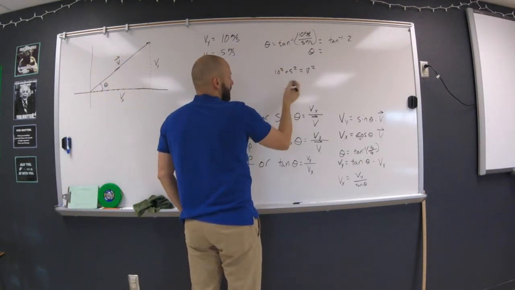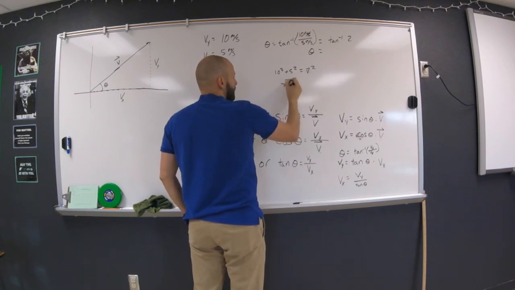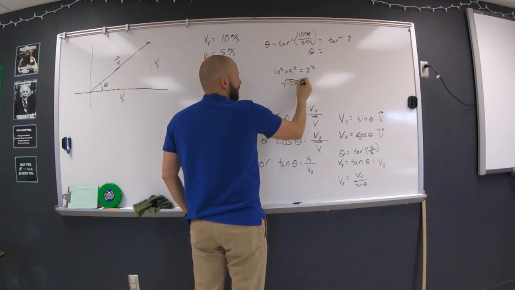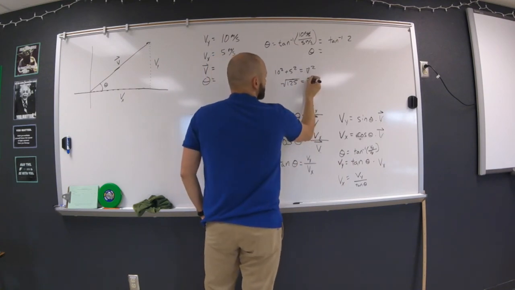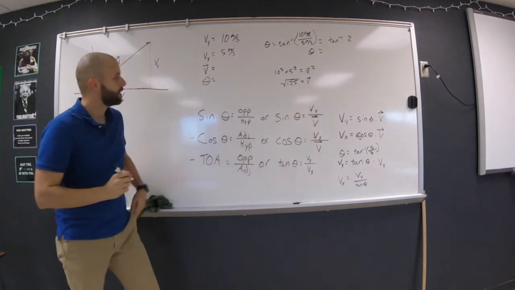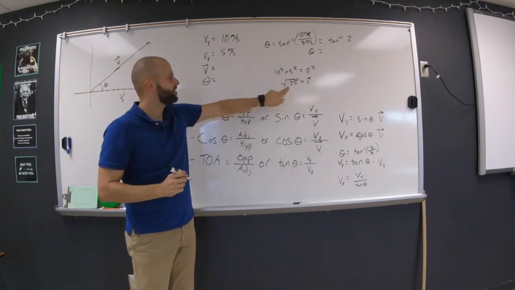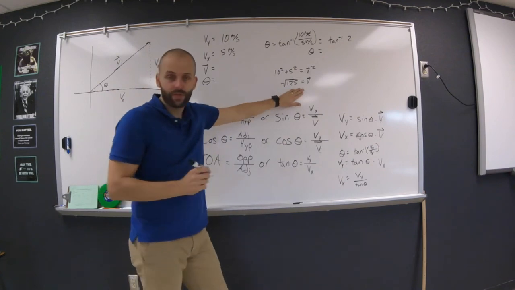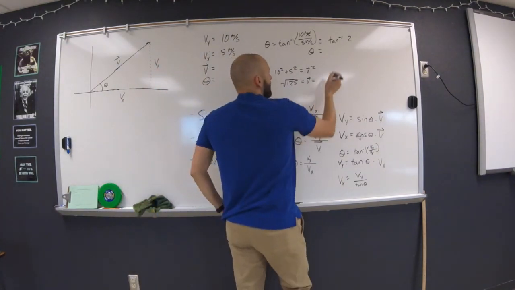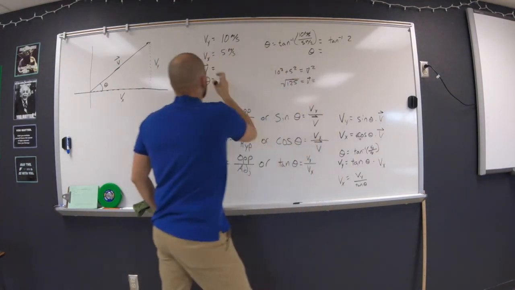So that'll be 100 plus 25, which is 125, so it's the square root of 125. That will give you your velocity vector. Go ahead and put those in your calculator and get those answers, and then once you get those answers, you'll plug them in there.